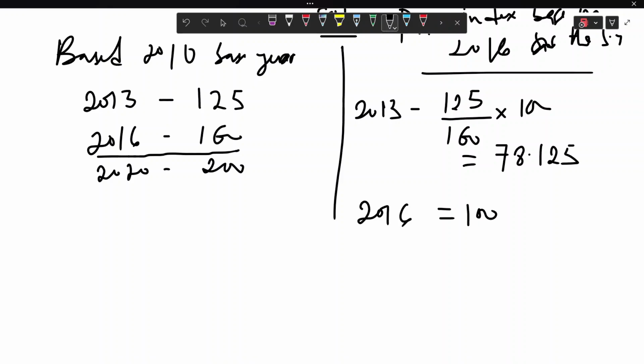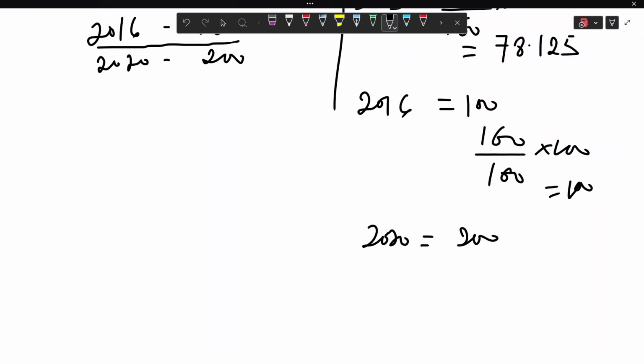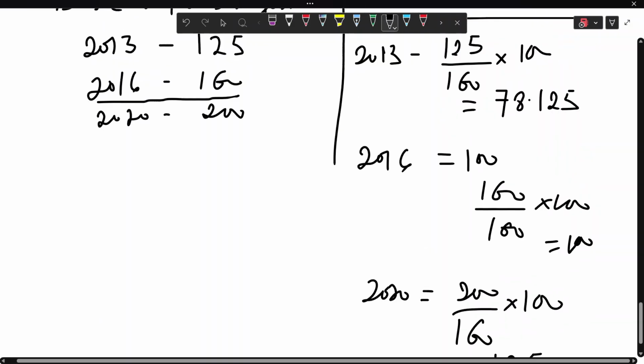Or if you want to solve it too, you have 160 divided by 160 times 100, giving us 100. Then lastly, for 2020, 200 divided by 160 times 100 gives 125. That's for 2020.